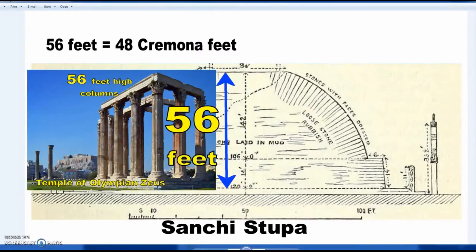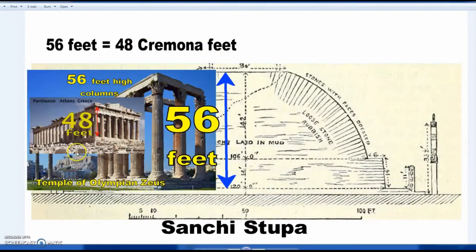Again, an interesting point is that 56 feet is 48 Cremona feet, which will also bring us back to the Parthenon. Previous episode, the Salamis stone, something I've been harping on a bit, was very important. It connects to a lot of things in ancient Egypt, Sumer, and the Indus Valley, and we'll get to that more and more in future.